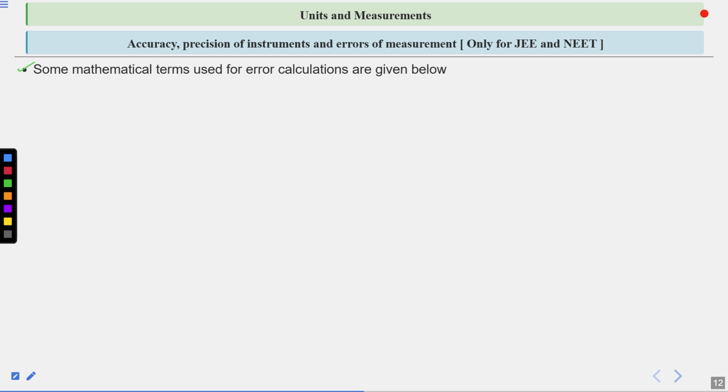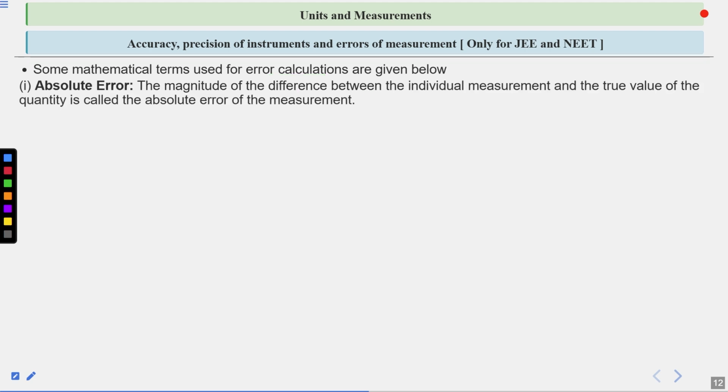Some mathematical terms used for error calculations are given below. First is absolute error. Now here the question arises, what is absolute error? The magnitude of the difference between the individual measurement and the true value of the quantity is called the absolute error of the measurement.